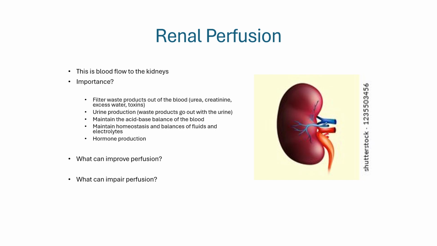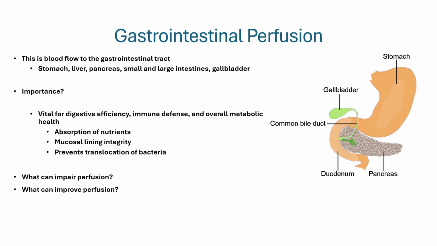We need to stop making urine. So the urine that you do make is going to be very dark and concentrated. It also filters waste products out of the blood. So urea, creatinine, and any water toxins also. And of course, it makes urine as well.